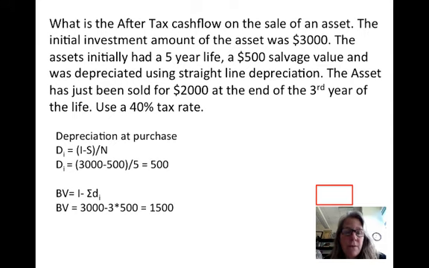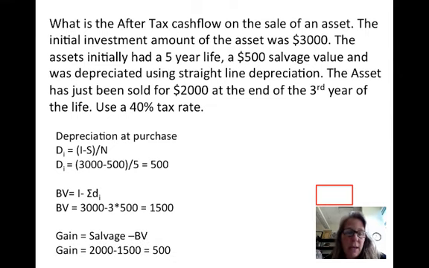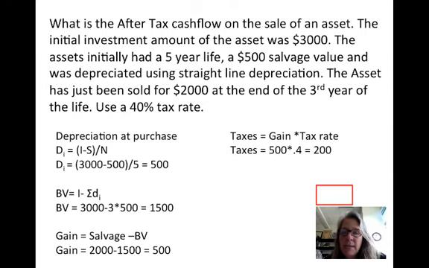So the initial value of 3,000 minus 3 years at 500 per year is $1,500. And the gain is then equal to the sales price, the amount you're selling it for in year 3, $2,000, minus $1,500. So the taxes is going to be that gain times the tax rate, which is $200.